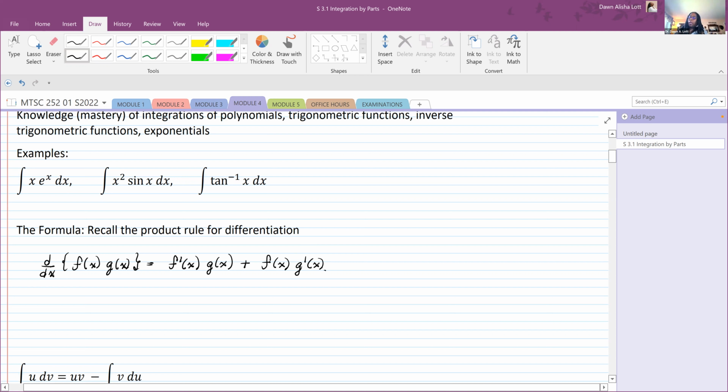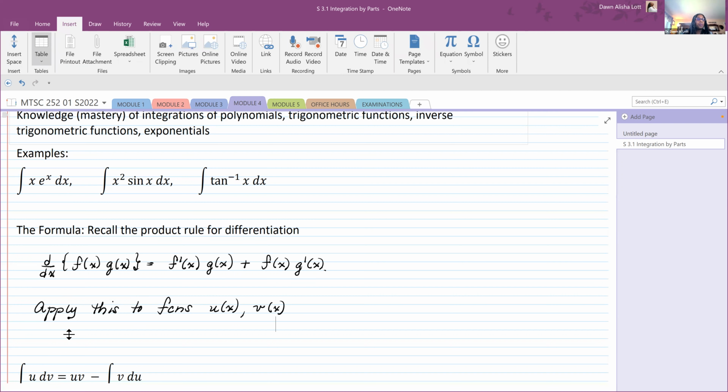Okay, so now I want to apply this to a product of UV. So I want to now apply this to functions U of X and V of X. All right, so I want to apply that to those functions.